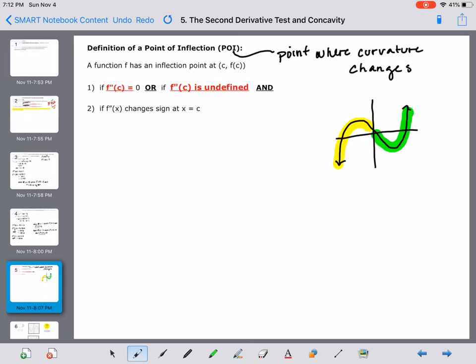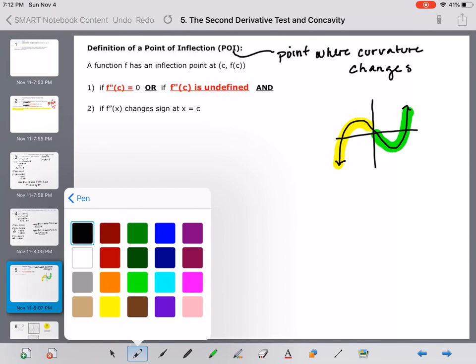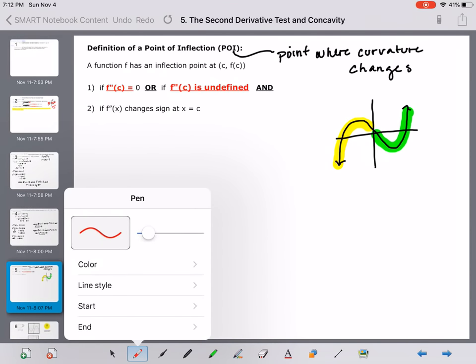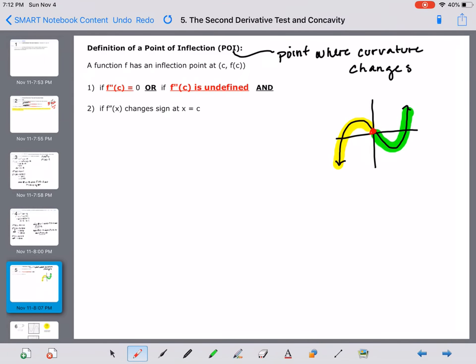Okay. That point at which it changes from curving down to curving up, that right there is our point of inflection. And we use POI as an abbreviation for short. Okay, so that's what we mean by the point of inflection of a graph.